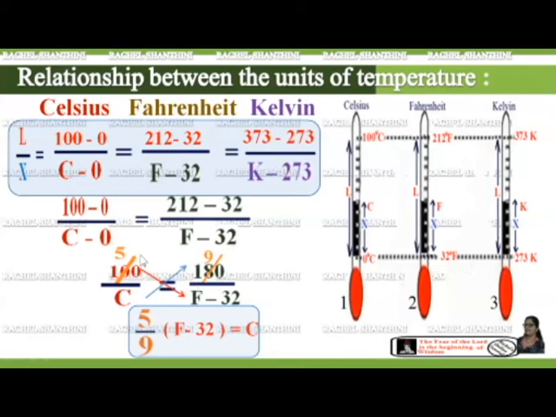So now we can reduce 100 by 5 and 180 by 9. Now when we cross multiply these equations, we get C equals 5 by 9 into (F minus 32), which is the relationship between Celsius and Fahrenheit units of temperature.